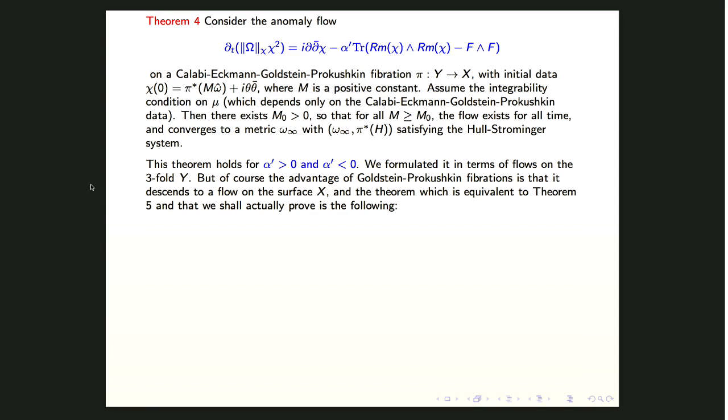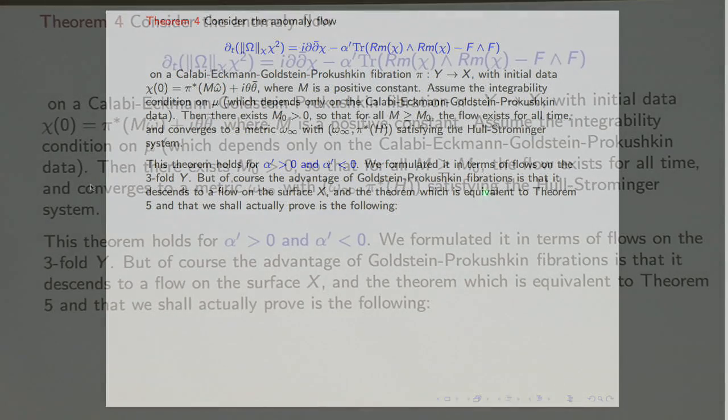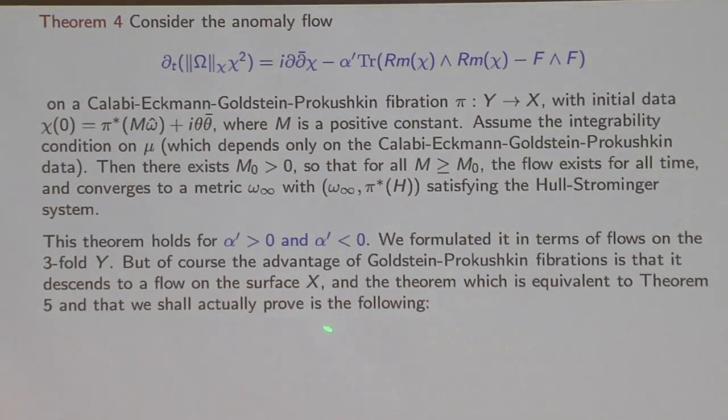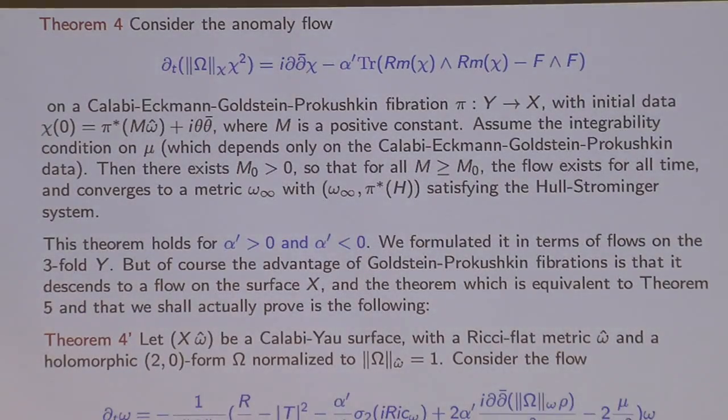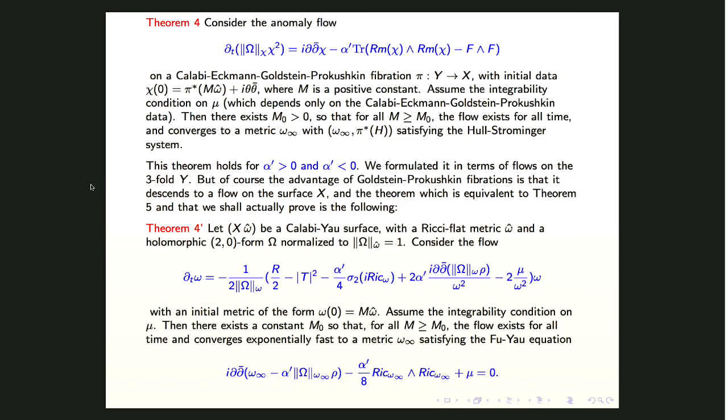And as I mentioned before, it works in both alpha prime positive and negative. And in fact, from the PDE point of view, it's also interesting that we are dealing here with the Strominger system, but because of this setup of fibrations over the surface, this flow will come down to a flow on the surface. And not surprisingly, from the point of view of the ansatz that was proposed, it comes down to a conformal flow.